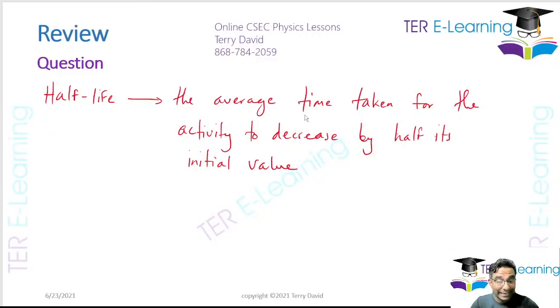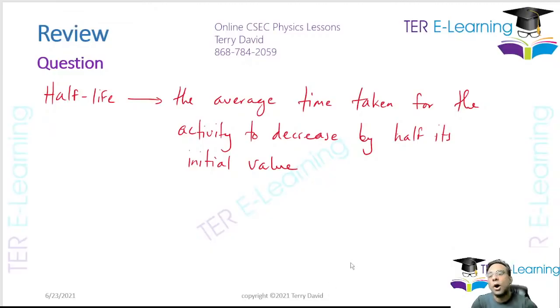It's a clear, simple definition, but please make sure you give it word for word. Don't go and give the people something else. It's the average time taken for the activity to decrease by half its initial value. That's the definition for half-life.